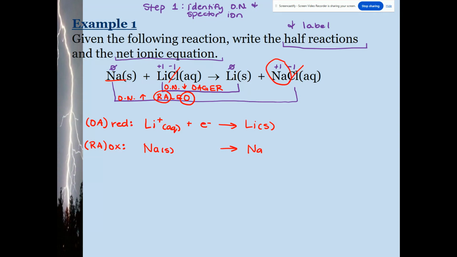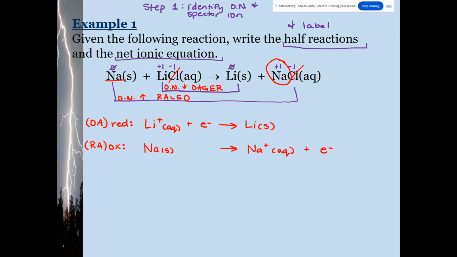It's turning into sodium ions, dissociating out of that ionic compound. Now, sodium oxidation number is starting at 0 and is going up to +1, so it is losing 1 electron. The change in oxidation number is by 1, and again, there's 1 atom, so 1 times 1 is 1. But again, my reducing agent loses electrons, so it's a product.